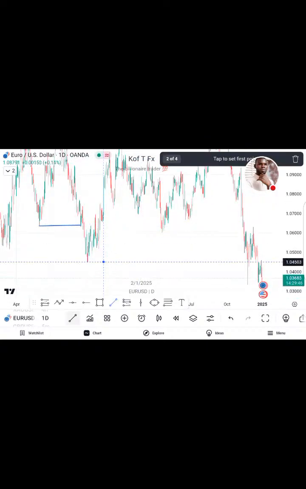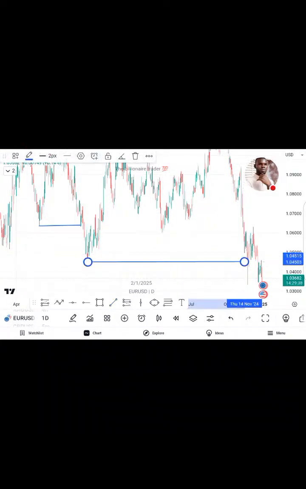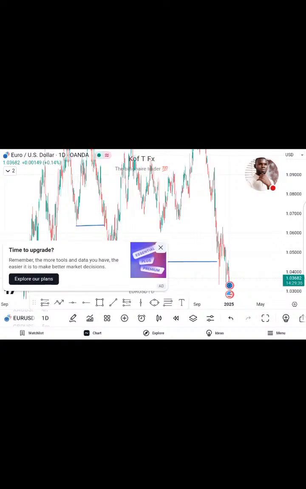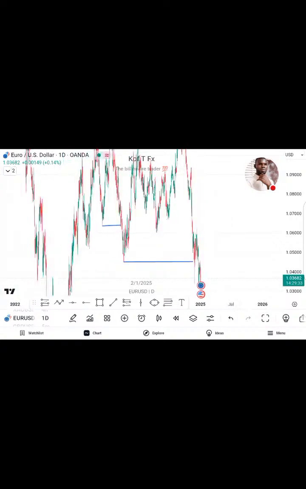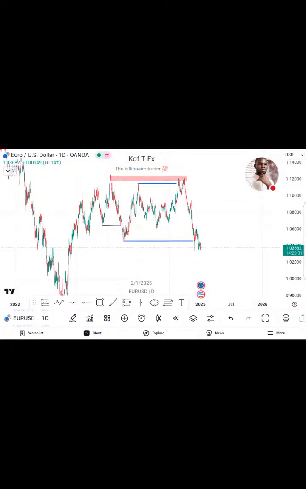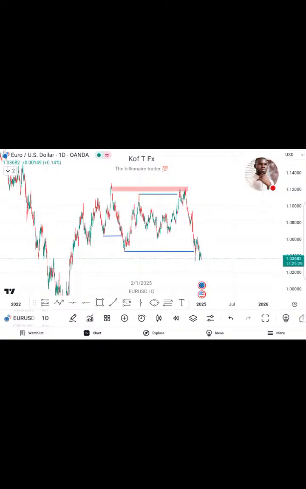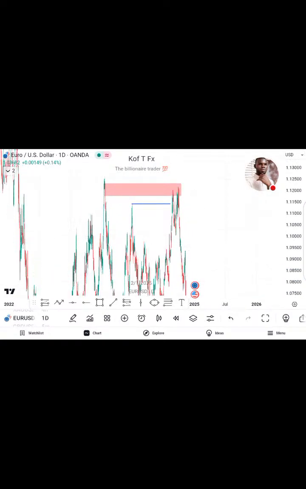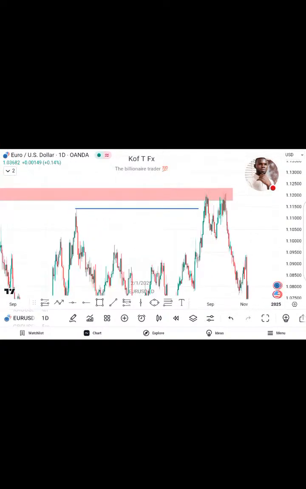And this low, the final target, the external liquidity, has already been taken out. So this is bearish, as you can see. The engineered liquidity was taken out and price mitigated the supply zone.